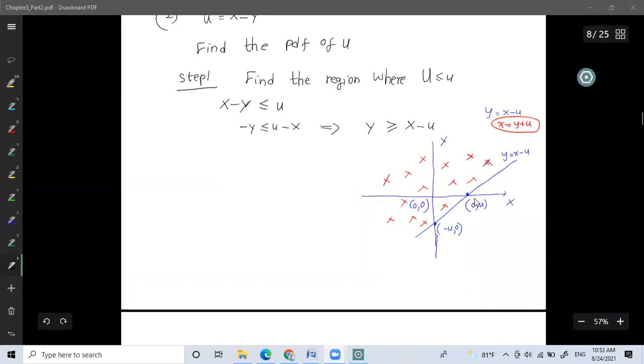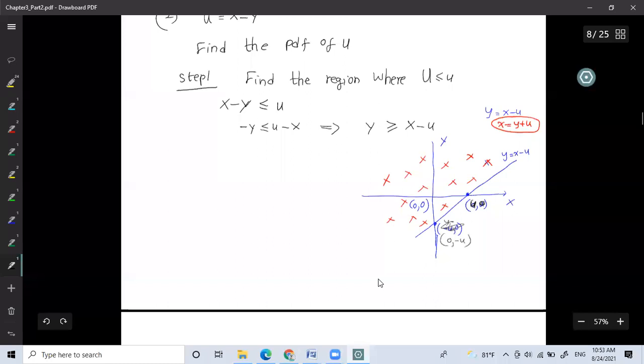So when x is u, y is 0, and when x is 0, y is negative u. Okay, it's correct, right? I was checking whether you are sleeping or paying attention.